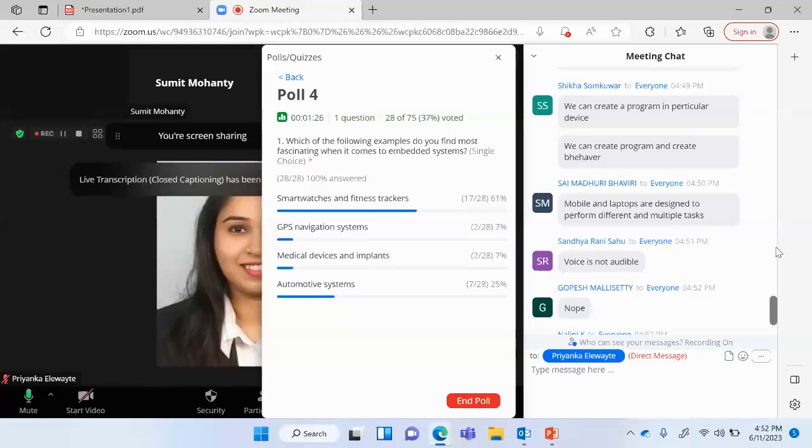Time boundedness means, if in a microwave you are heating for 1 minute, whether it is today, after 1 month, or after 1 year, if you put 1 minute, will it heat for more than 1 minute? No. Washing machine, if you are washing for 30 minutes, it will wash for 30 minutes only. It will not wash for more than 30 minutes.